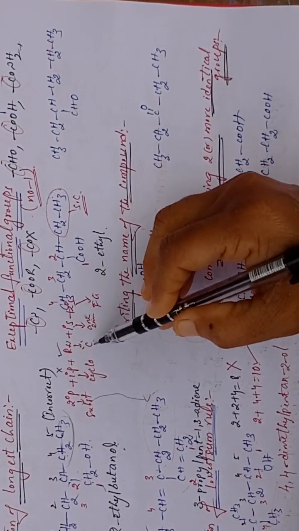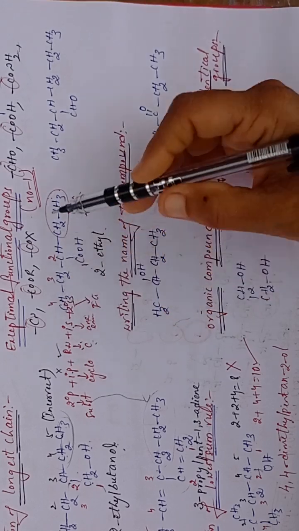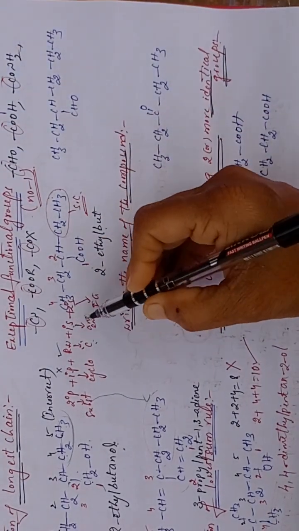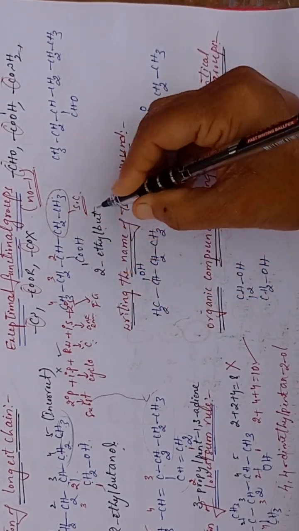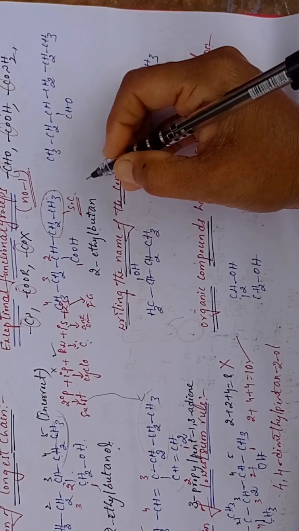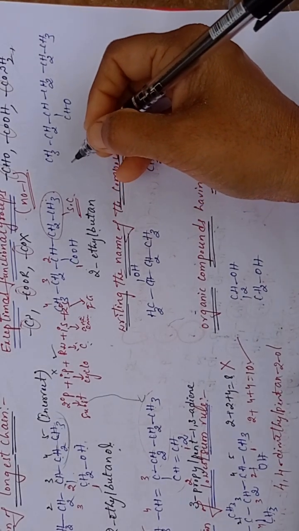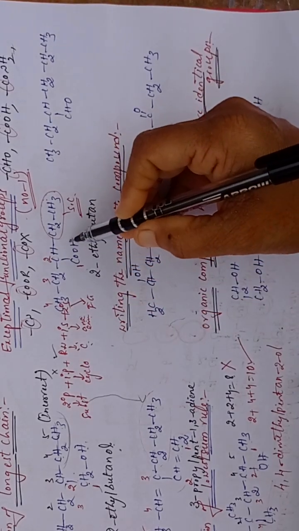Coming to the root word: total number of carbon atoms in the parent chain. In the parent chain, total 4 carbon atoms are there. 4 carbon atoms means what is the root word? But. Next, primary suffix: ene, yne, or ane? In the parent chain all are single bonds, so ane. In the primary suffix, the terminal E is replaced by the secondary suffix, students. The secondary suffix is attached to the COOH group.